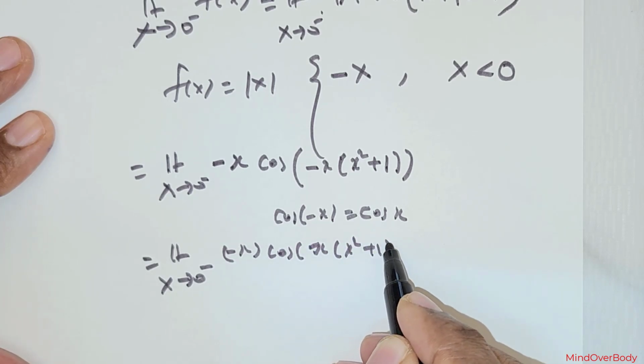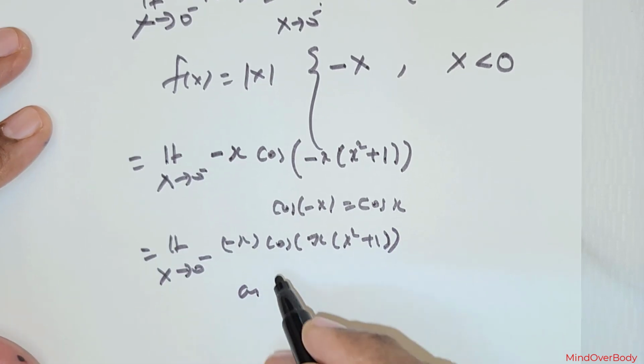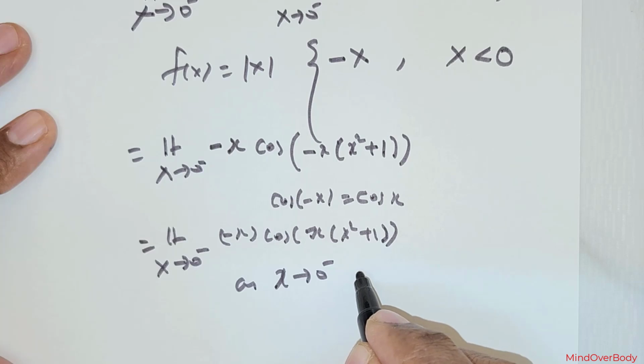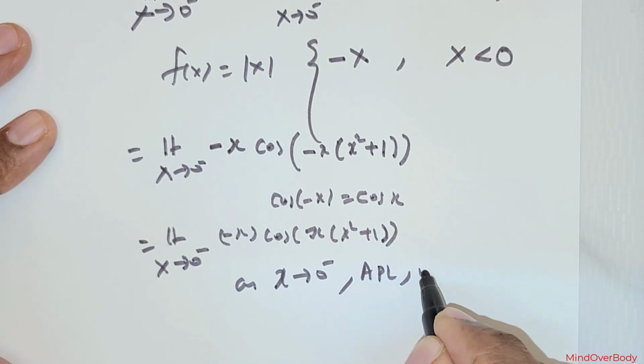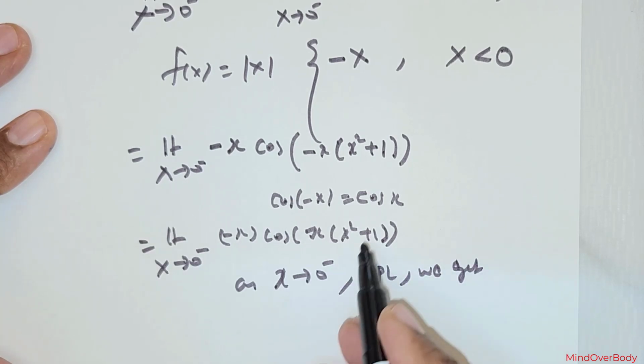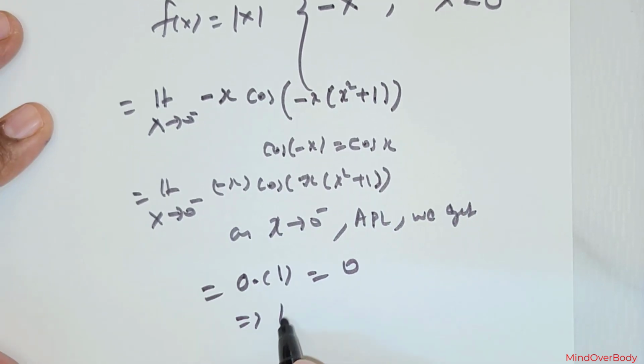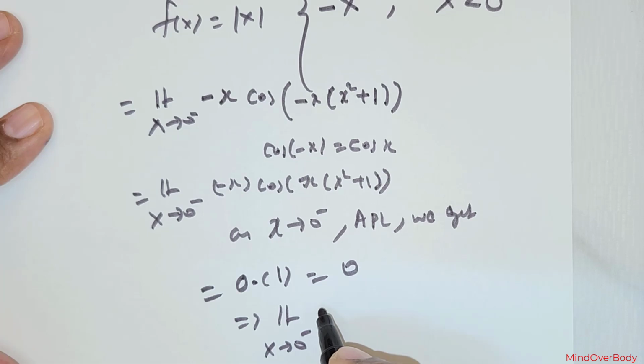Now applying limits as x tends to 0 minus from the left side, applying limits we get, so what do you get? This is going to give me 1, but this will give me 0. So 0 times 1, which is equal to 0, which means limit x tending to 0 minus of f of x is equal to 0.